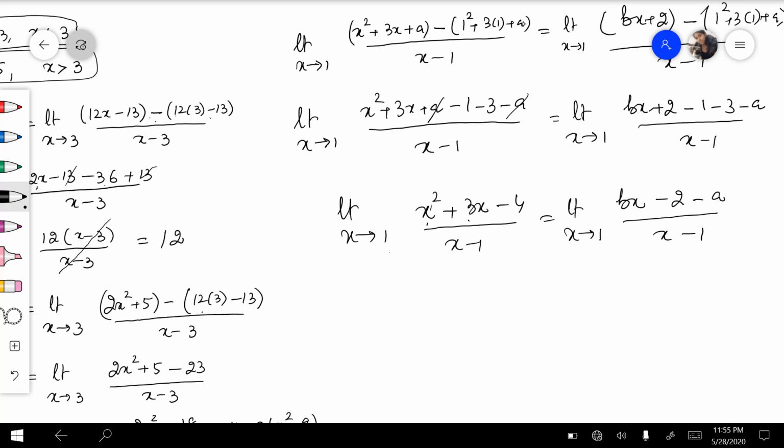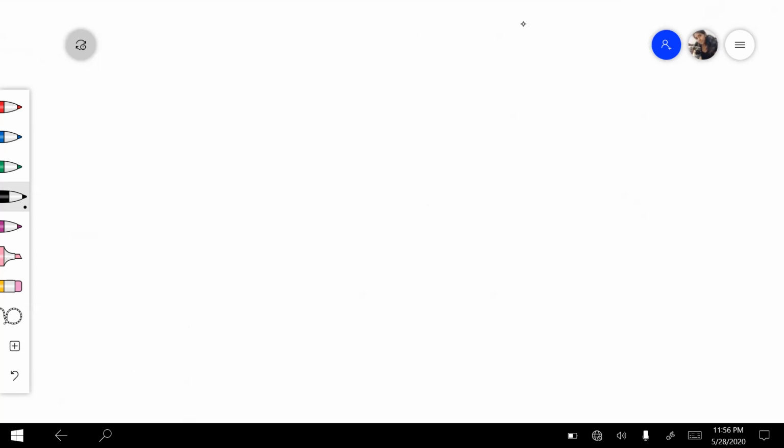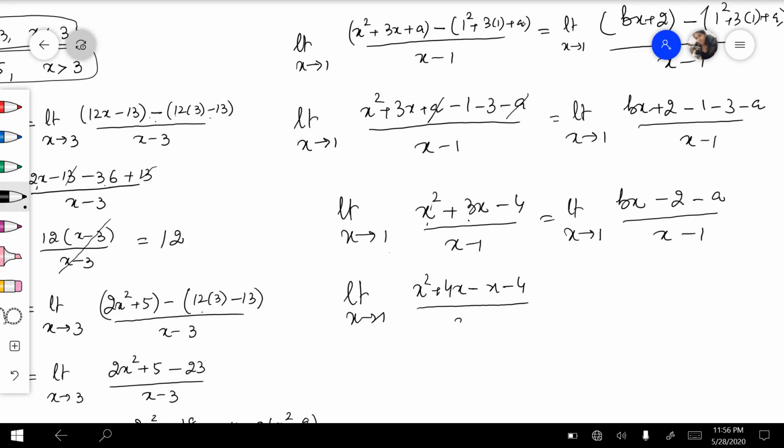तो हम इसको फैक्टराइज कर सकते हैं. This is limit x approaches to 1 of (x square plus 4x minus x minus 4) upon (x minus 1), which is equal to limit x approaches to 1 of (bx minus a minus 2) upon (x minus 1).